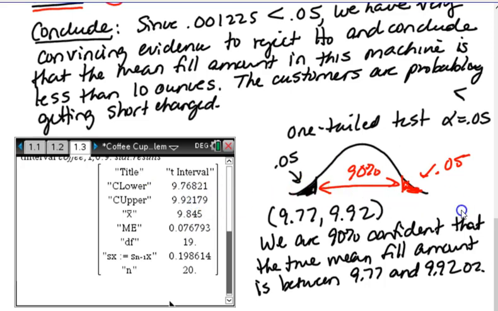So I say we're 90% confident that the true mean fill amount is between 9.77 and 9.92 ounces. That just gives us a little additional information, not absolutely required for a hypothesis test, but if you were to use a confidence interval to support the hypothesis test, this is what you would do. So that's really all for this. Hopefully that was helpful.